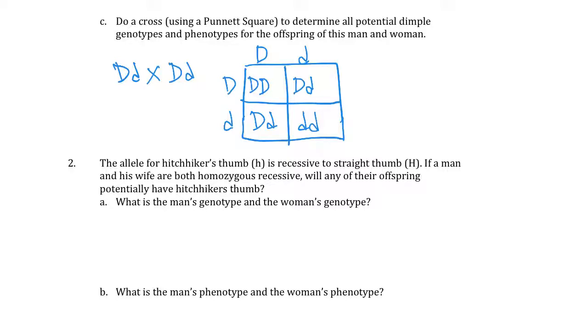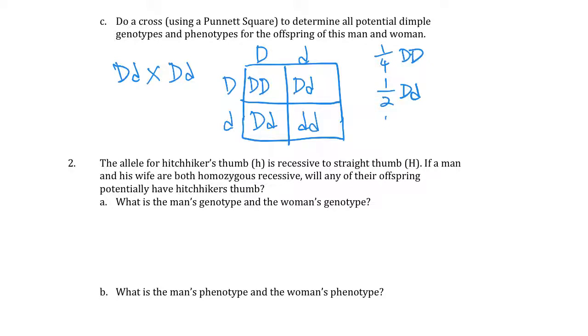It says to determine all the potential dimpled genotypes and phenotypes for the offspring. Well, in this case, we can write that we have a quarter or 25% big D, big D. We have a half big D, small d.